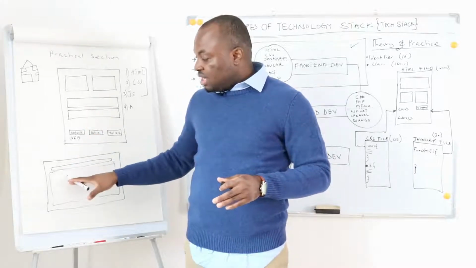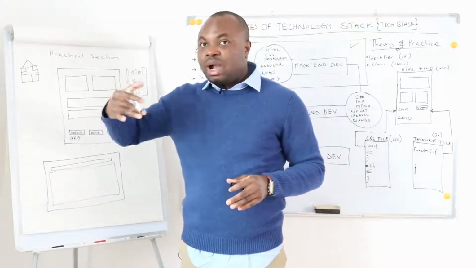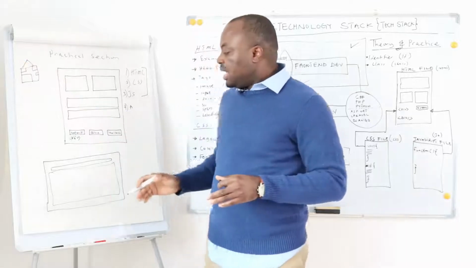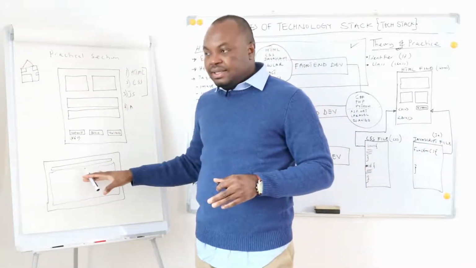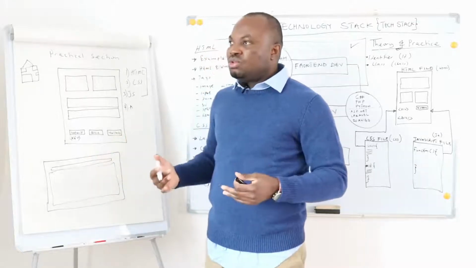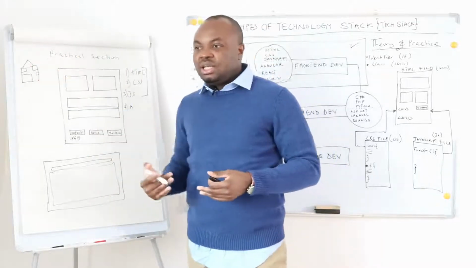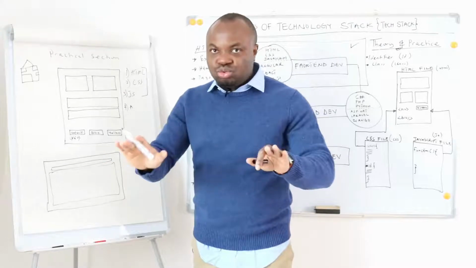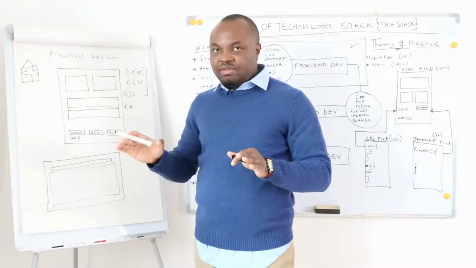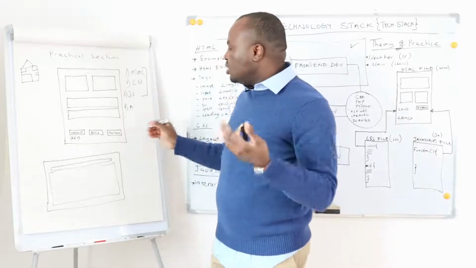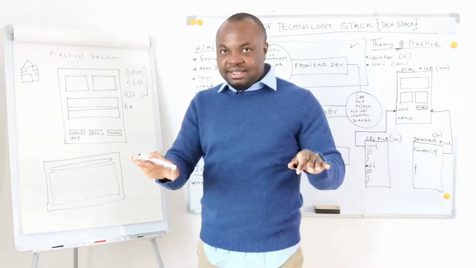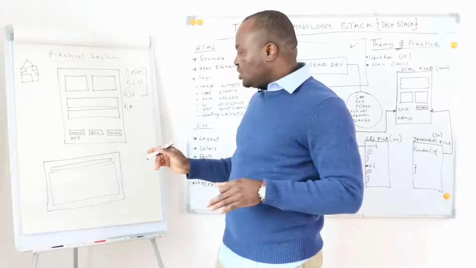So your browser allows you to interact with applications. But the problem with the browser is that, let's say I have an application, I have a website, and on that website I want to display a sentence to the visitors of my application.